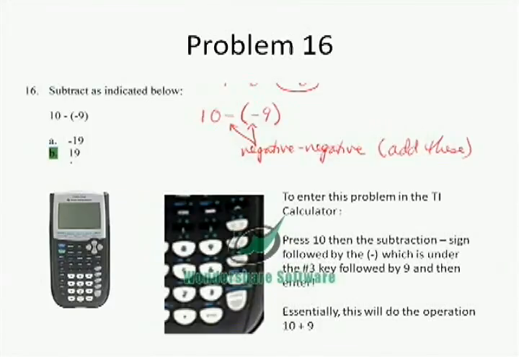Then I would hit the sign that has the minus in parentheses right below the 3 button, and then hit 9. So then the problem on the screen would read 10 minus -9. When you hit enter on the calculator, it will solve it as 10 plus 9, or 19 would be the answer.